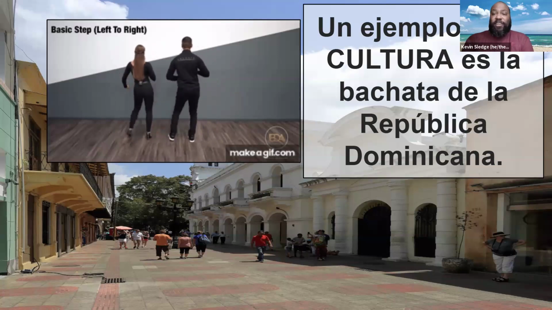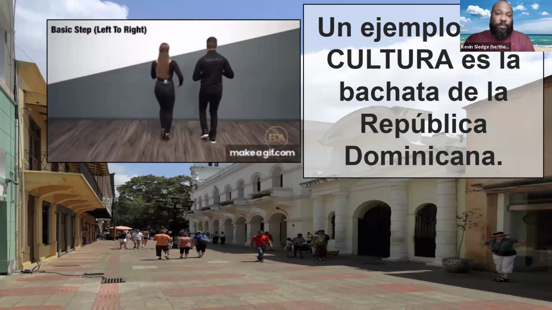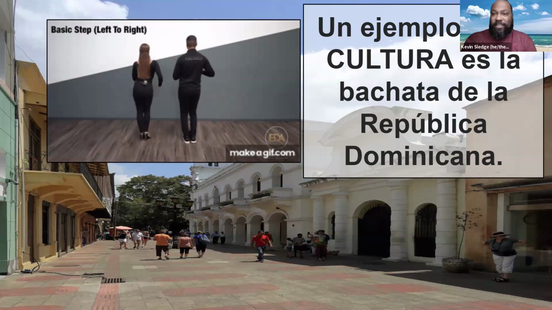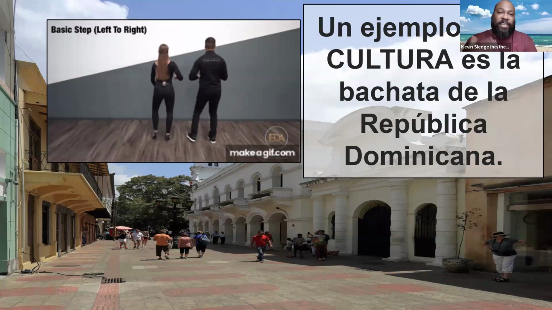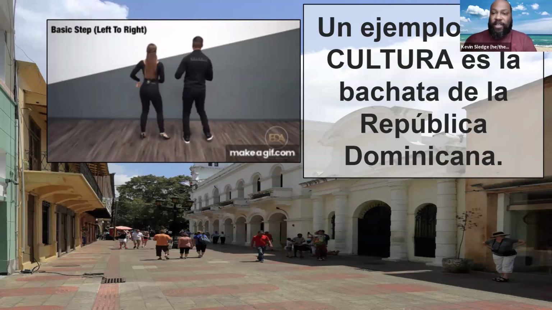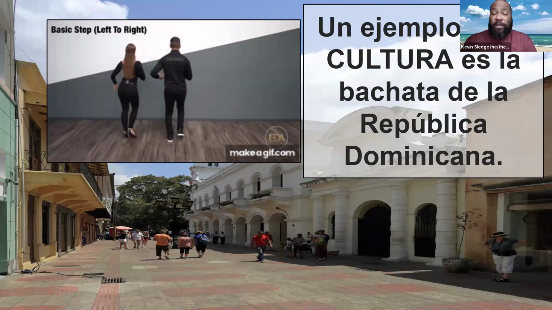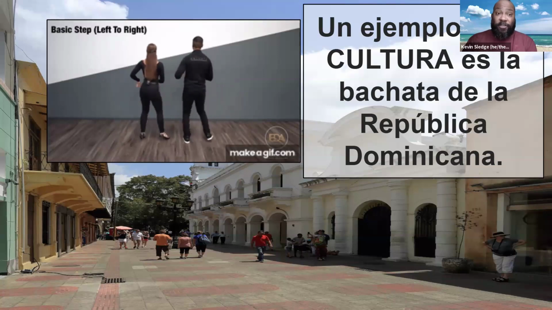Here, the dancing in the Dominican Republic. This dance in particular is called bachata. And so this is something, again, that students can see easily, and they could recognize it and identify it as a part of specifically Dominican and, on a larger level, Hispanic culture.